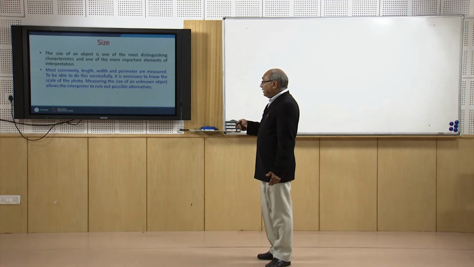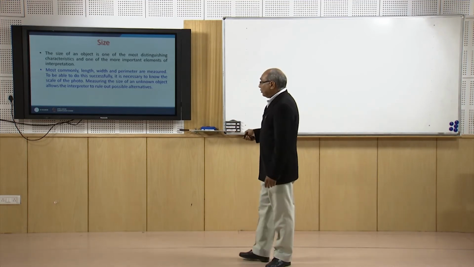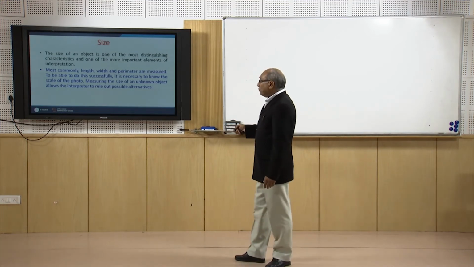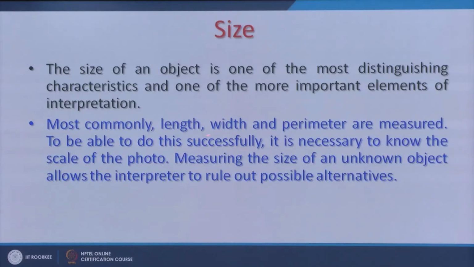So size really depends on the spatial resolution and, of course, the object itself. Most commonly the length, width and perimeter are measured. To be able to do this successfully, it is necessary to know the scale of the photograph.